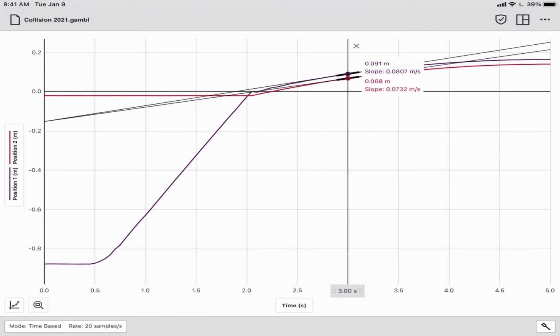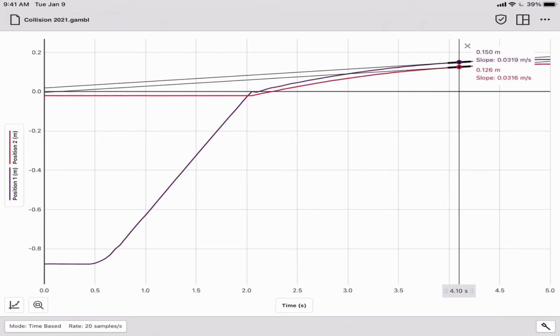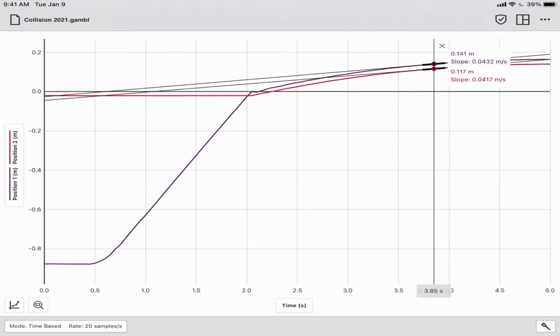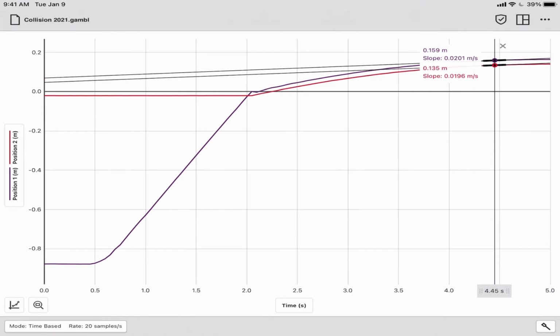Now, in this particular one, since this is when they stick together, I'm going to record the velocity of just one of them and treat them as moving the same, because obviously these are a little bit different, and I don't know why, but we see it does tend to even out a little bit later.